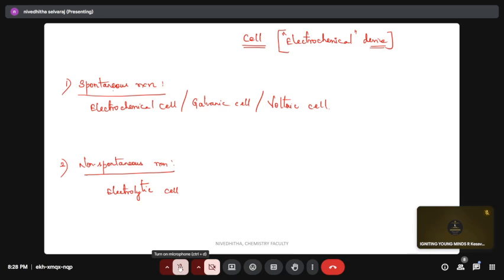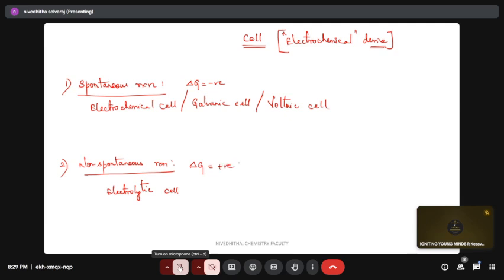If the chemical reaction is spontaneous, what will be the sign of delta G? Negative. Very good. If it is non-spontaneous, what will be the sign of delta G? Positive.